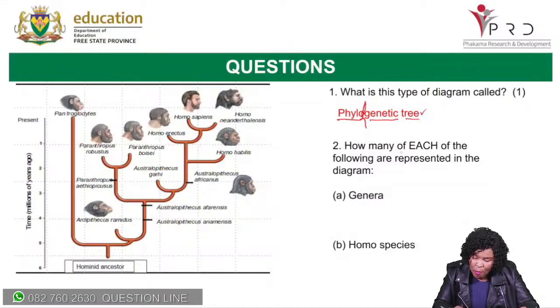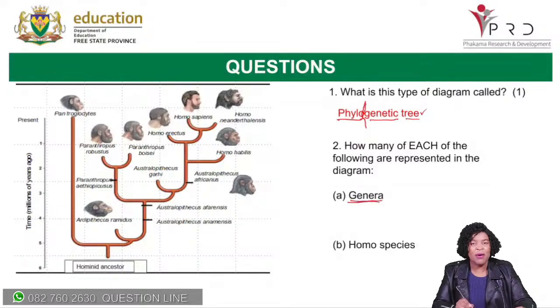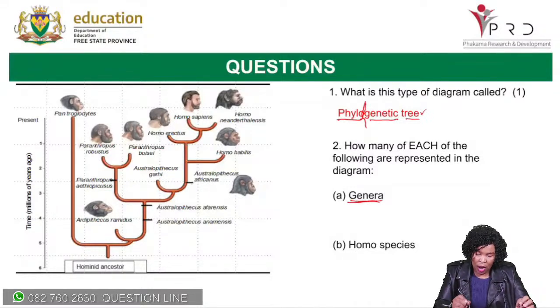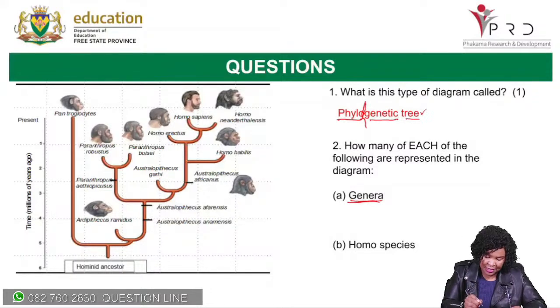And then, how many of each of the following are represented in the diagram? Genera. Remember, we said genera is the first part of the scientific name. So how many genera are represented here? I am going to give you just 1 second to count them. You can count with me. Let's start.